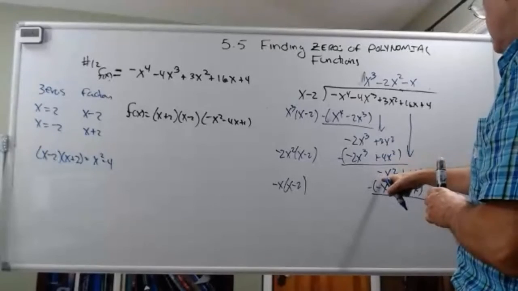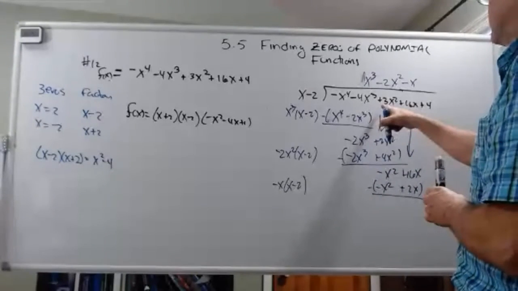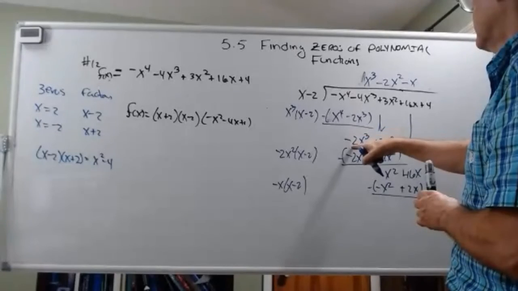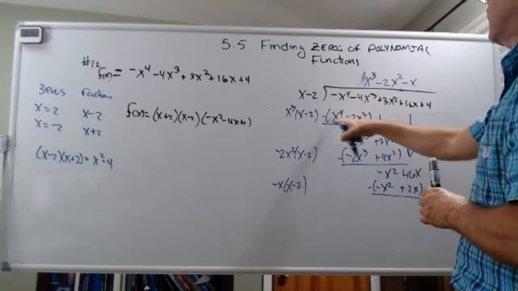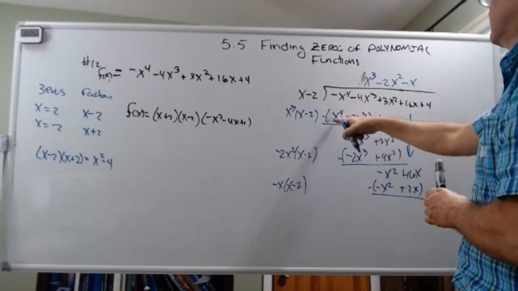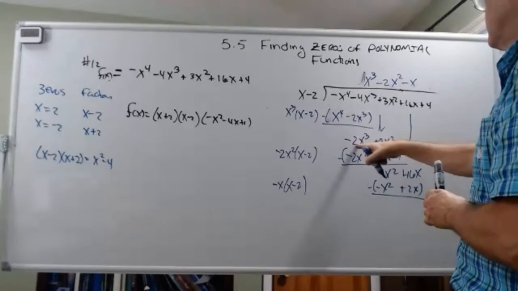I'm pretty sure it's negative. Which one? Like in the top, it's supposed to be negative x. In the top, negative 2, but x cubed minus 2x was, right? Subtract negative 4, negative 2.